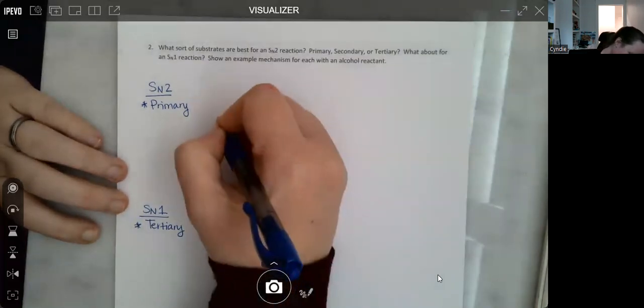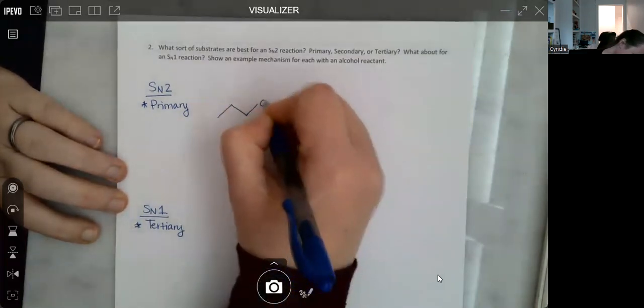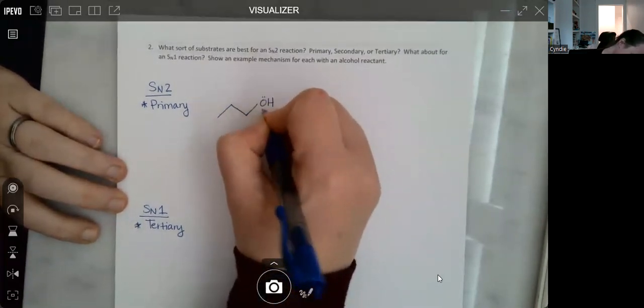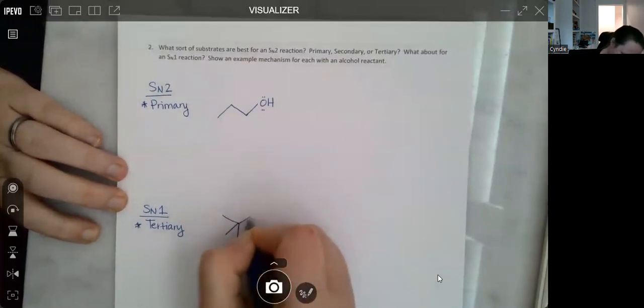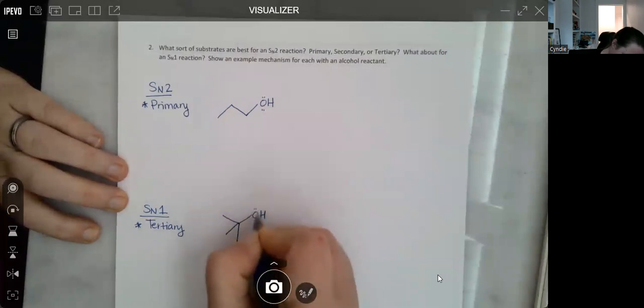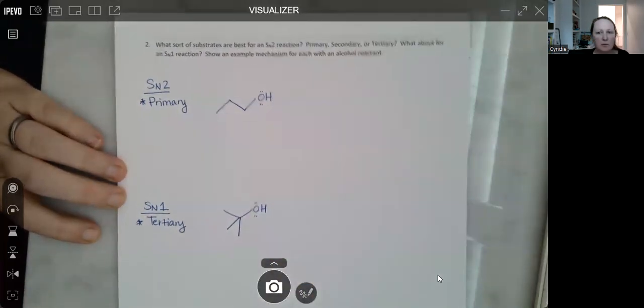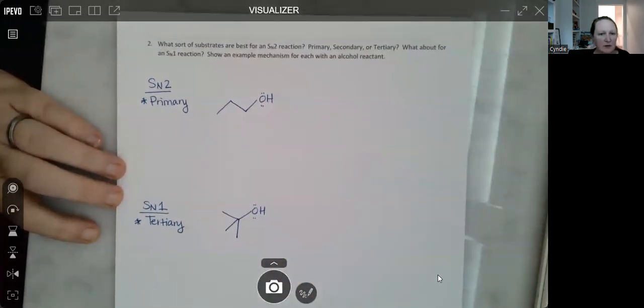So let's draw a primary alcohol and a tertiary alcohol. And we're wanting to show an SN2 and an SN1 reaction.